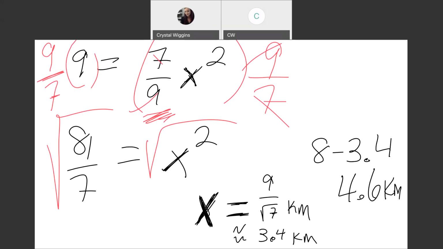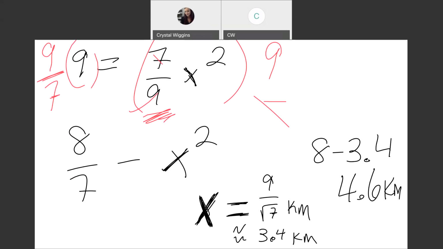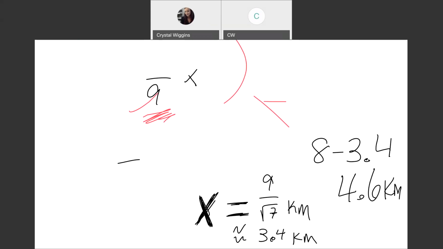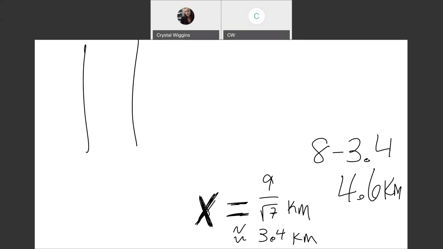So if we draw a picture, pictures would be helpful. Let's do that. So here we are. He starts at A. He wants to go to B. He can go here or he can go anywhere here.